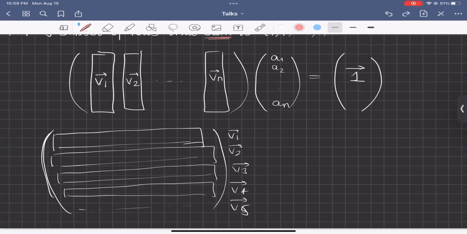So what now? Can we actually say that these are linearly independent if I just consider the first four things? Is that true?